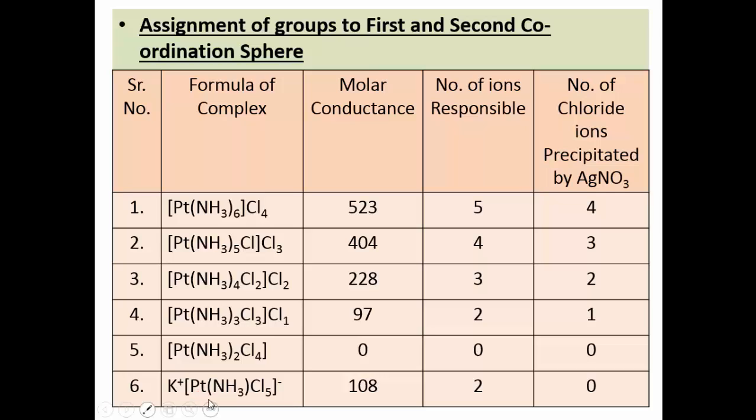So total is +4, 0, -5, that is -1, which is neutralized by this potassium ion. Here there is formation of 2 ions, one potassium ion and one complex anion, which is indicated by the molar conductance value 108. No chloride ion is present outside the square bracket, therefore it is 0.